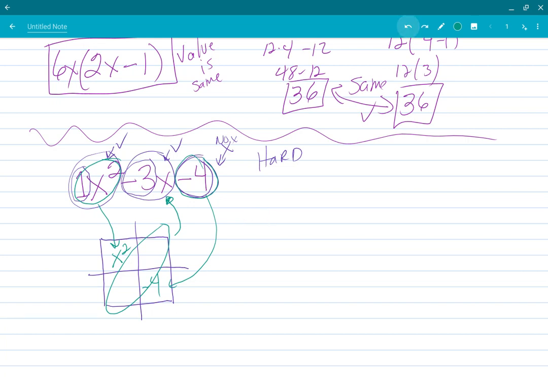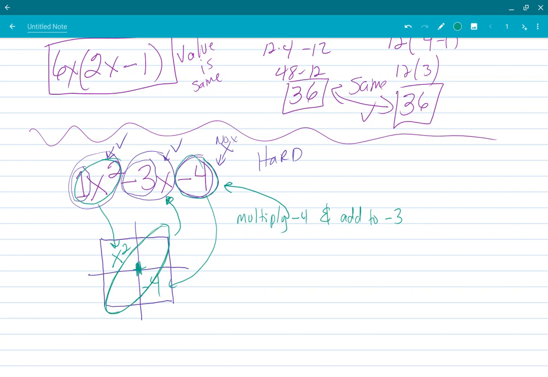You want to think of what two numbers multiply to C, to -4, and add to negative 3. Because these two, we add them together. All right, so what two numbers multiply to negative 4? 1 and negative 4.